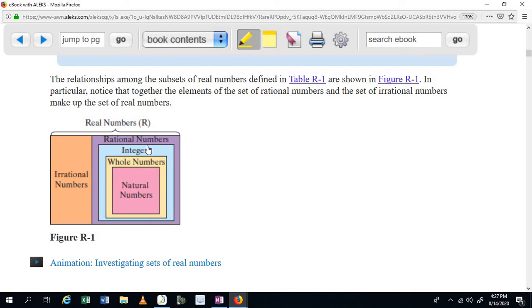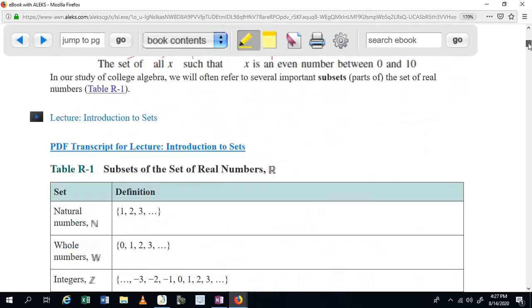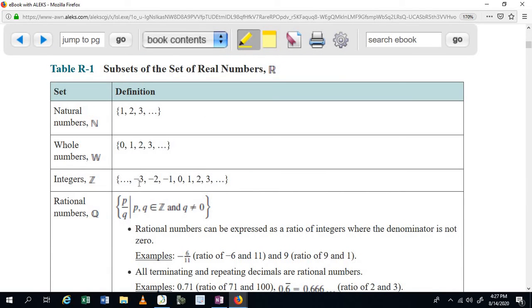Okay, and then within the realm of integers is the set of whole numbers. Now, if you go back and look at it, integers are these numbers. Within that set is the set of whole numbers. So whole numbers is a subset of integers.